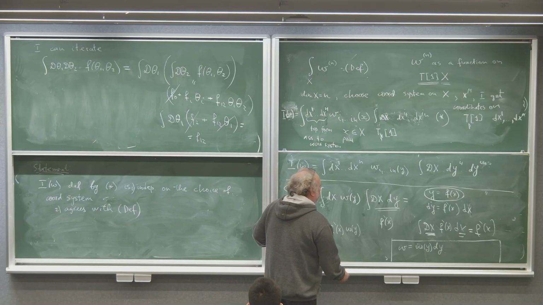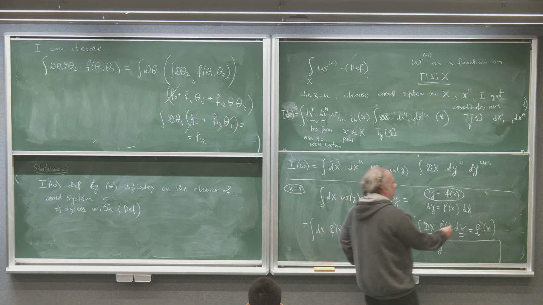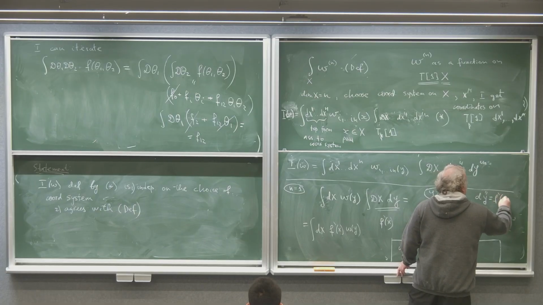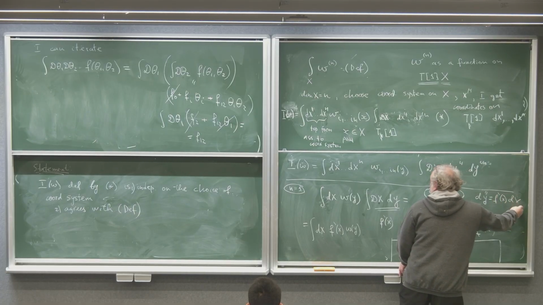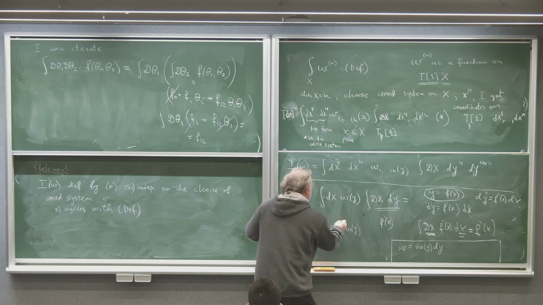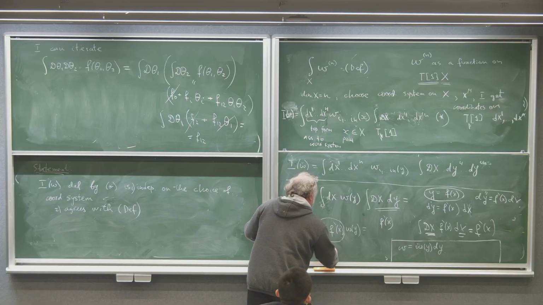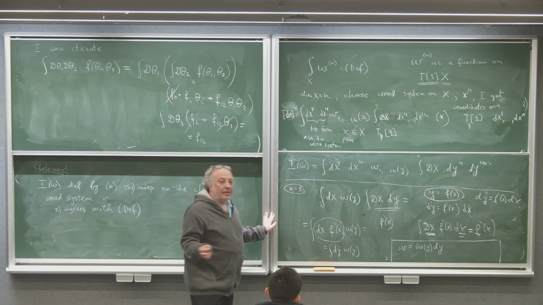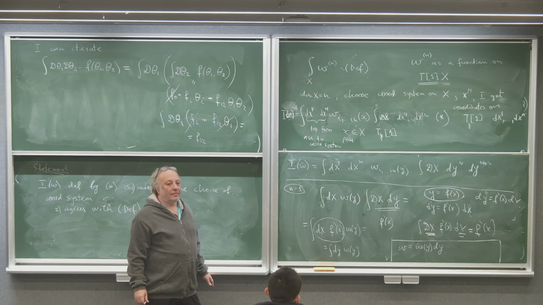But this is clearly dy. So I combine these two terms together, and then I'm getting dy omega of y. So x dependence disappears.